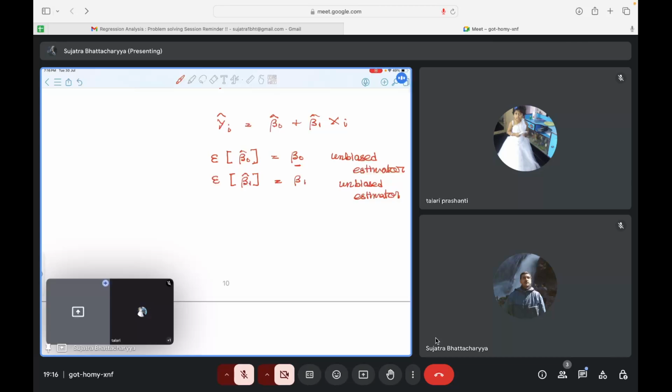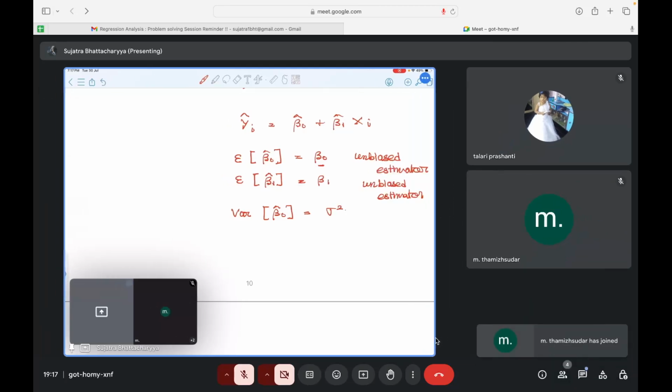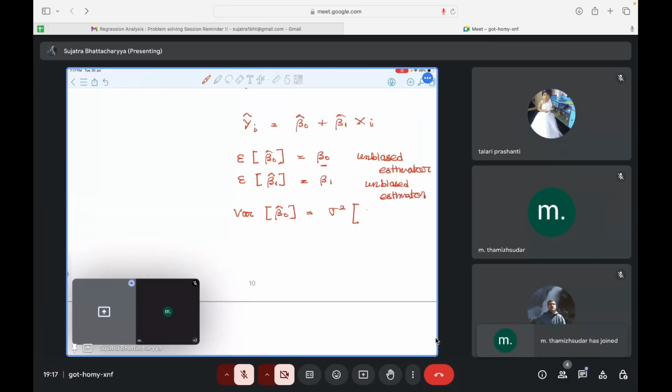Next is the variance of beta naught cap. It comes out to be sigma square into 1 upon n plus x bar square by Sxx. I'm just writing it; you can find the derivation in the lectures.